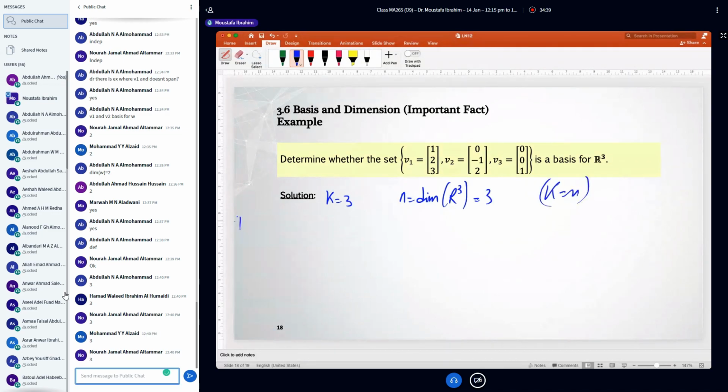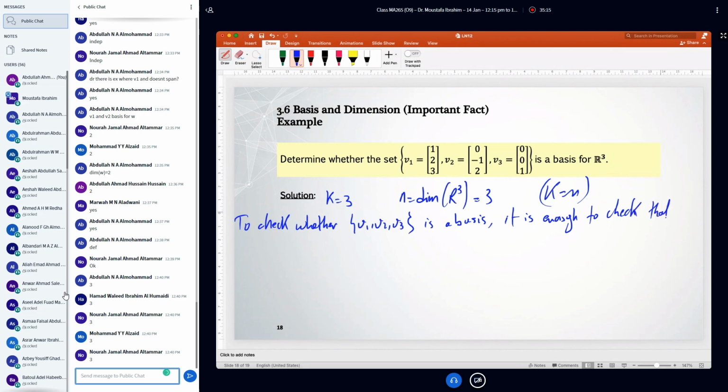So to check whether V1, V2, V3 is a basis, it's enough to check that V1, V2, V3 is linearly independent, no need for span, because k equals n.